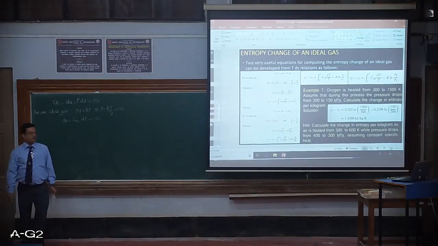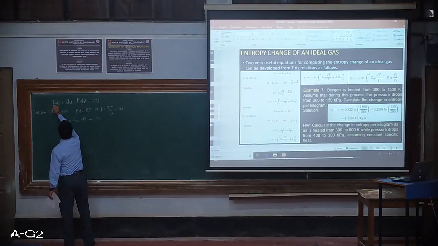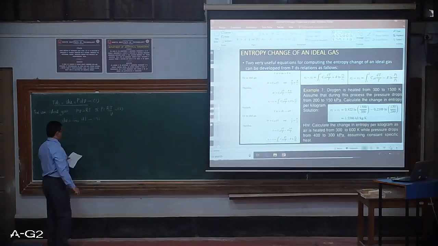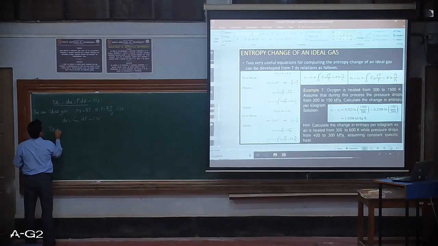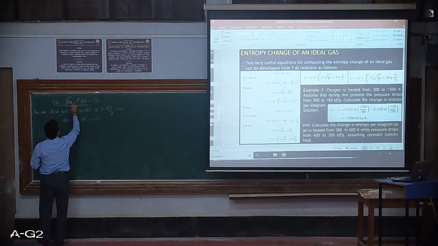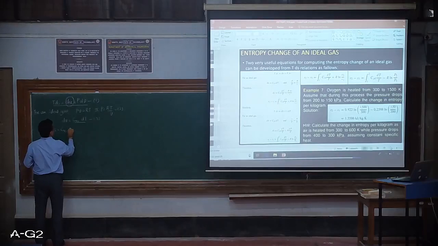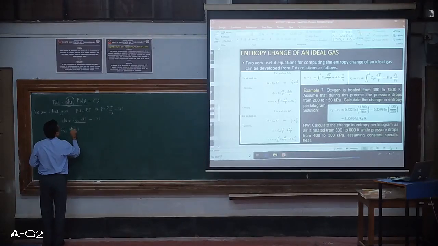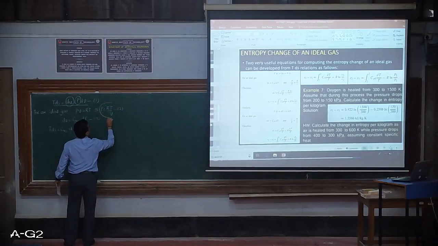Now substituting equation 2 and 3 in this expression. For example, I'll take this TDS equation. TDS is equal to, now in place of du I'll be writing this. So that is Cv0 dT plus, now in place of P I'll be writing this expression.